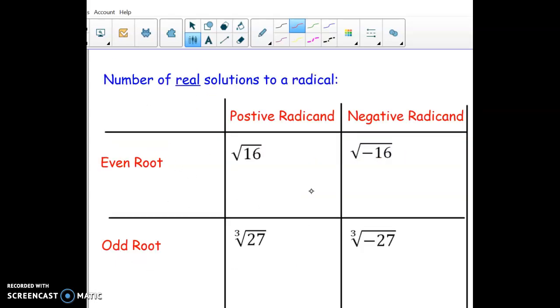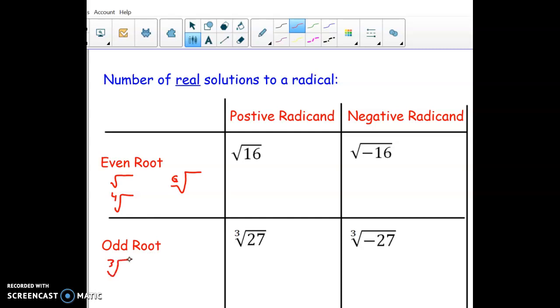Okay, so in your notes, I would definitely draw this. There are 4 scenarios. You can have an even root. If you want to draw a couple examples, that would be the square root, a fourth root, or a sixth root. If that index is even, not the number underneath, not the radicand, but the little index, is it even or odd?